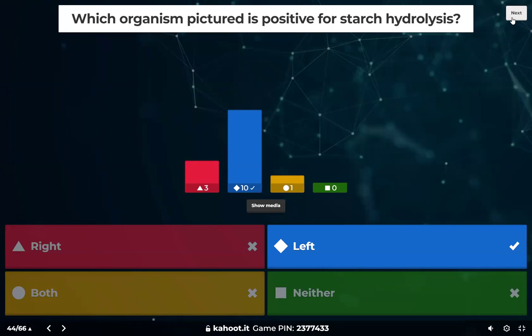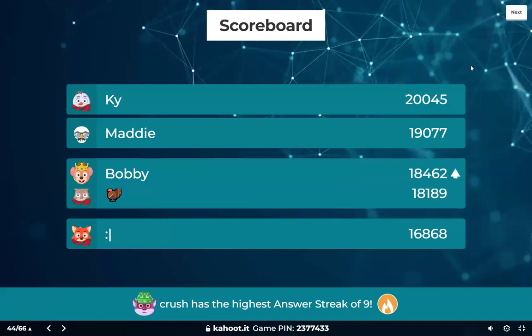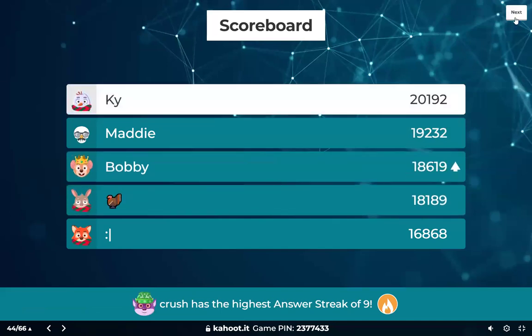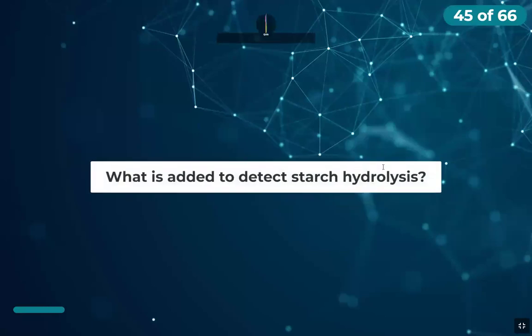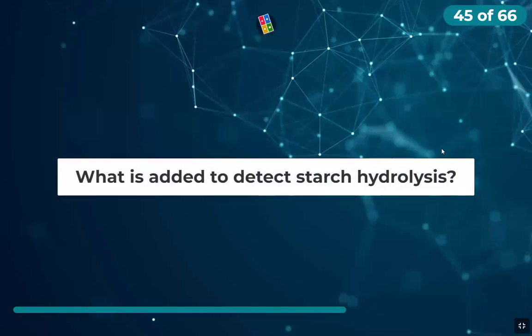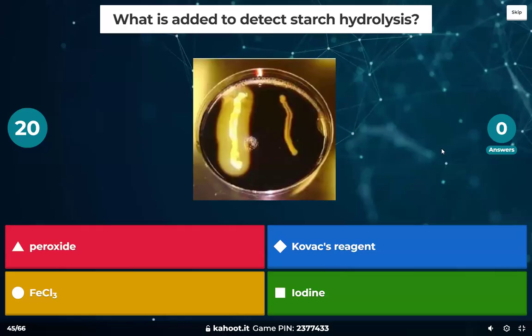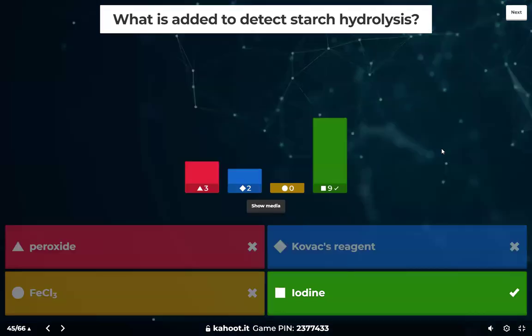That's because there's no starch there to interact with the reagent that we have to add. The reagent interacts with the starch and causes it to turn that purple-brown color. What reagent is that? That's going to be iodine.